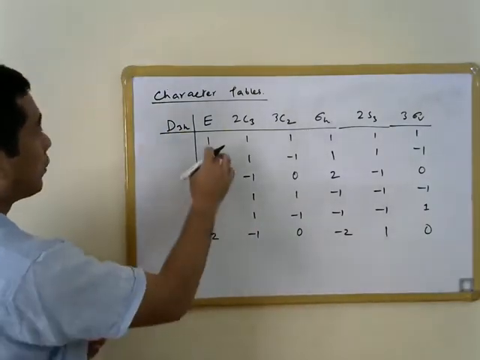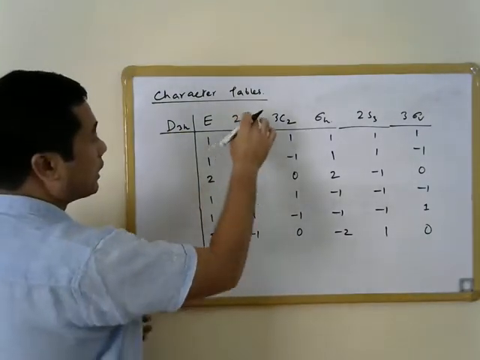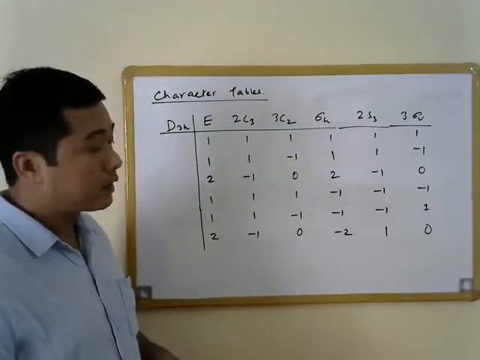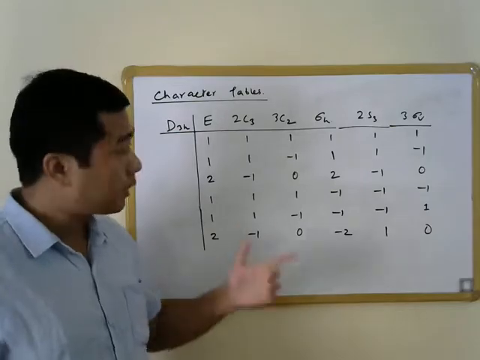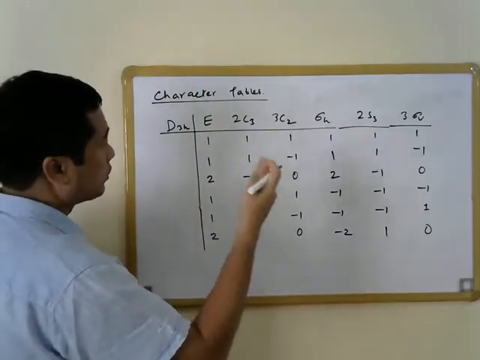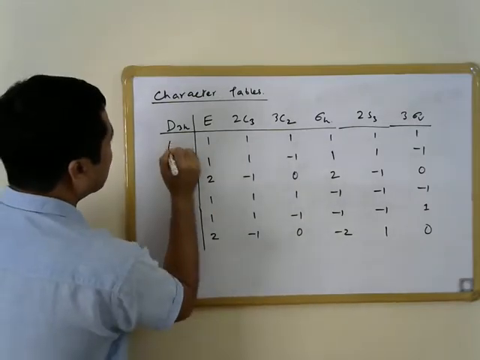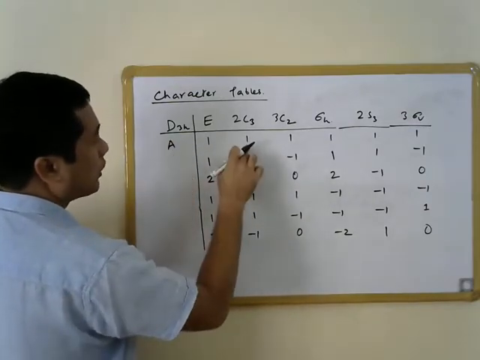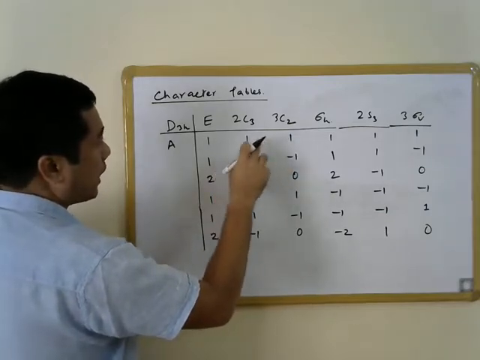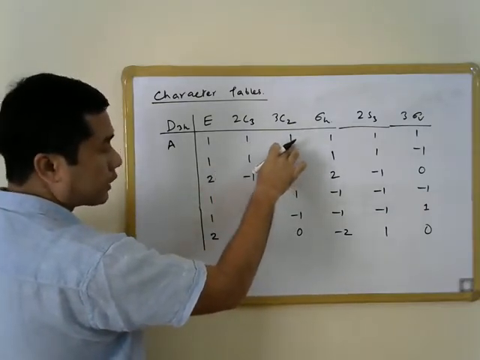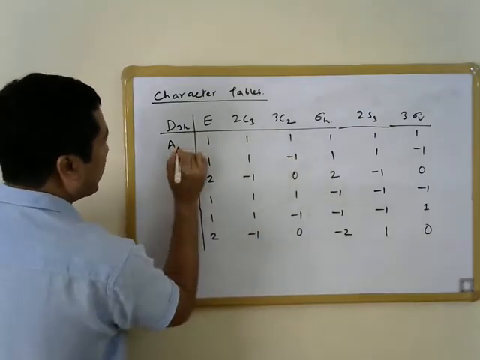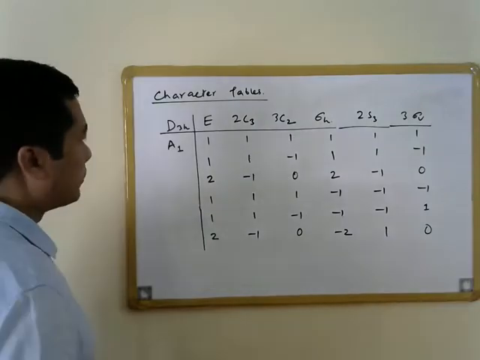We know this is a 1-dimensional representation, and in this case the principal axis of symmetry is the C3 axis, and there are C2 axes perpendicular to the C3 axis. So we will look also into that to write the Mulliken symbols. So the first one is going to be A because this is symmetric with respect to the principal axis, and since it is also symmetric with respect to the C2 axis perpendicular to the C3, we can write A1 here.